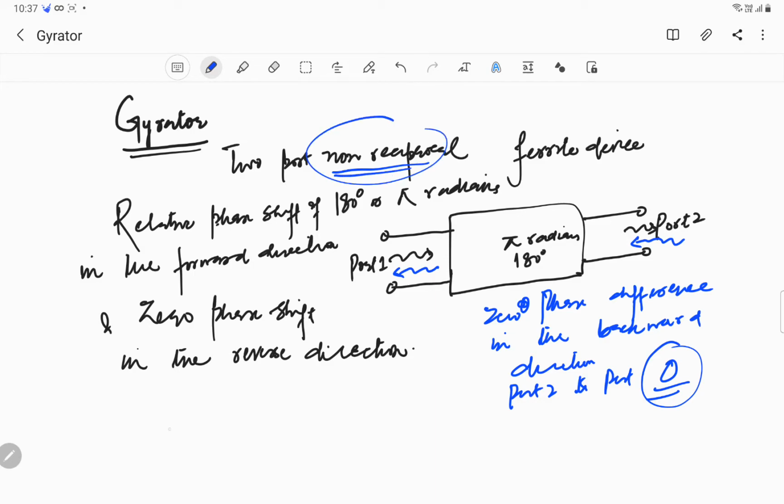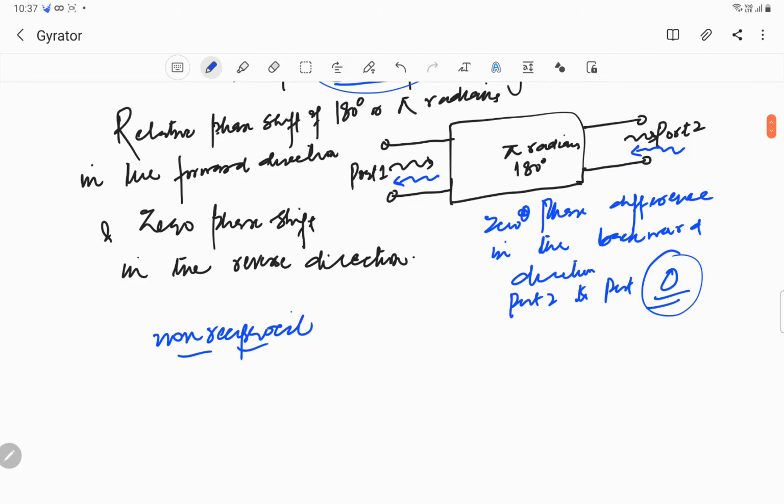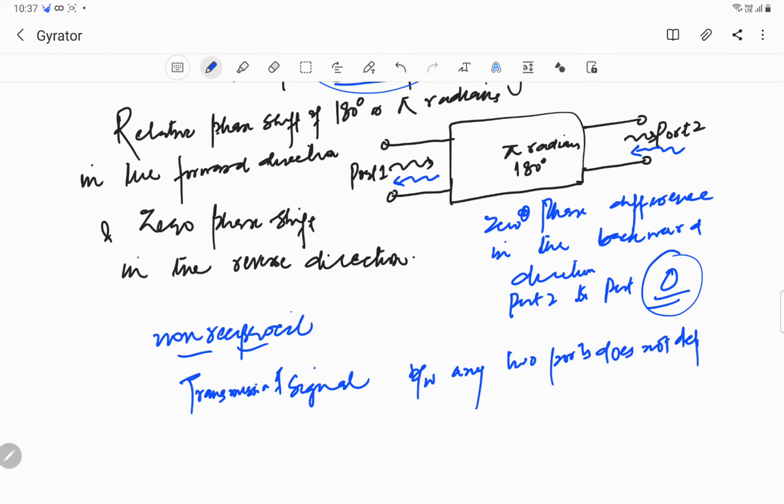Let us once again recapitulate what a non-reciprocal device means. As you know, in a reciprocal network or device, transmission of signal between any two ports does not depend on the direction of propagation.